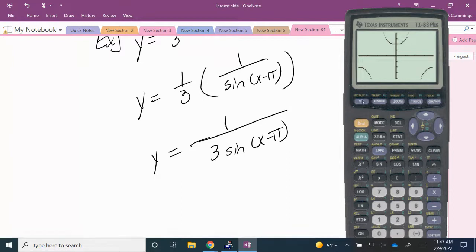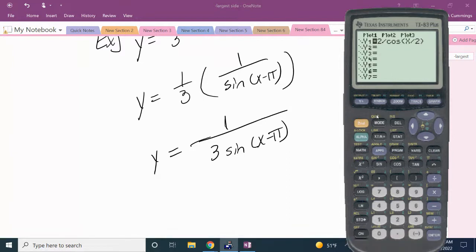So I'm going to go back to y equals, and I'm going to clear out this function. I'm going to put in 1 divided by, and I want to make sure that I use a set of parentheses about my denominator. And I'll show you why in just a second.